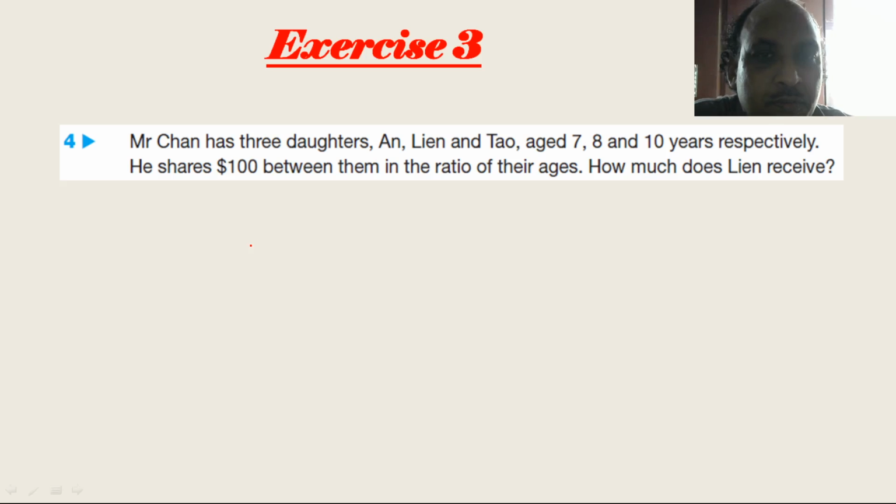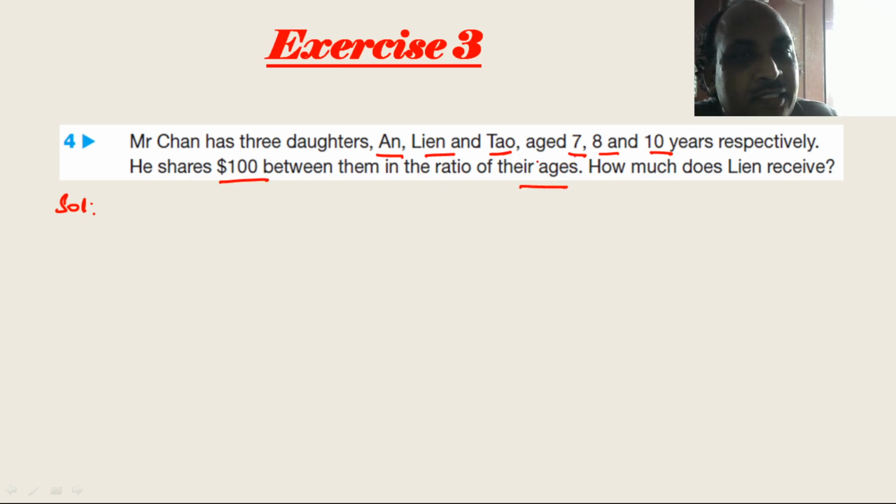Now, Mr. Chan has 3 daughters, Anne, Lian and Tao, aged 7, 8 and 10 years respectively. He shares $100 between them in the ratio of their ages.